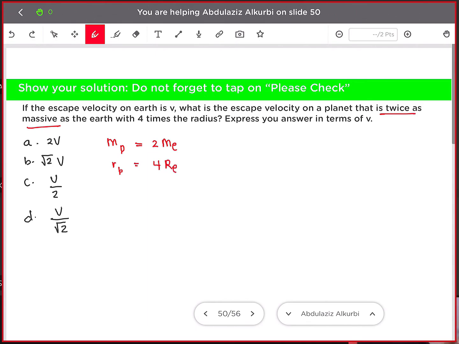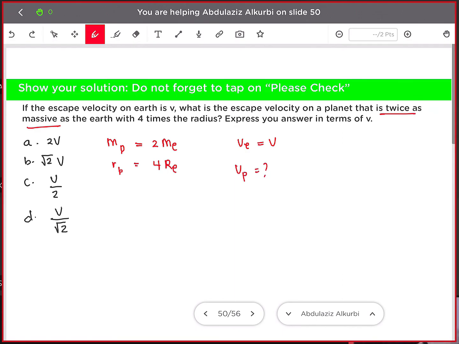We also know that the escape velocity of the Earth, let me call that V Earth, is given in the problem as v. So we need to solve for the escape velocity of this planet.